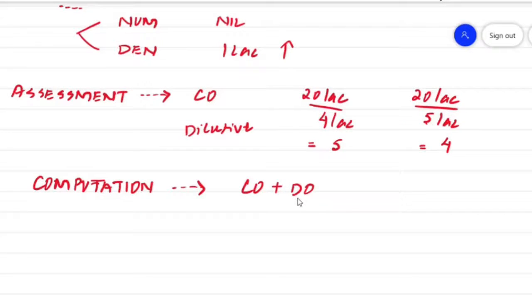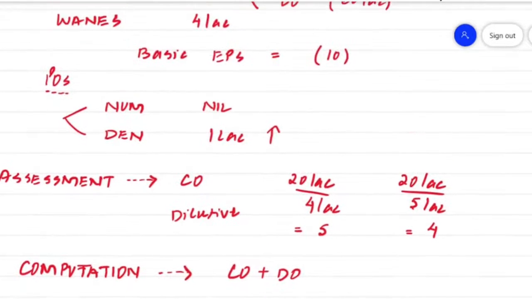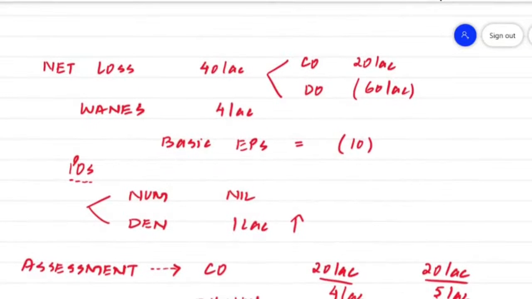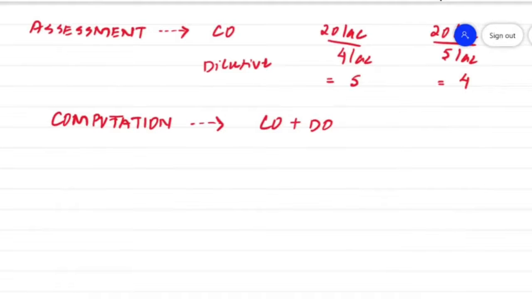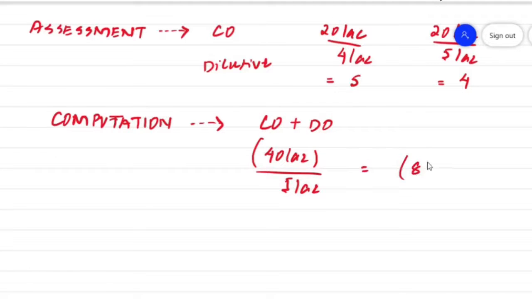If you consider the total operations, the adjusted numerator is 40 lakhs of loss and the adjusted denominator is 5 lakh. So we get a diluted earning per share of -8.